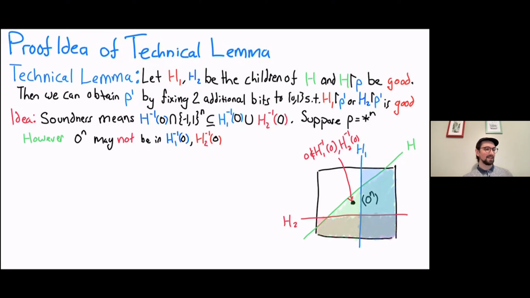This doesn't tell us anything about these points. So while 0 may falsify H, it doesn't have to falsify one of the two children. Here's a little picture: it lies outside of H1 and H2, and the blue and red areas are the areas of points that are falsified by them. We're going to denote the half spaces by A1, X ≤ B1, and A2, X ≤ B2.